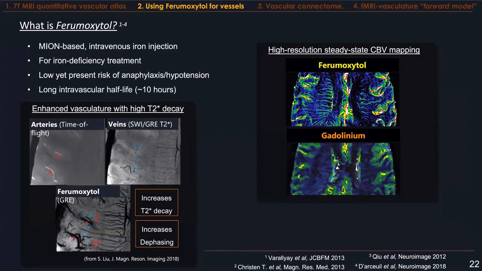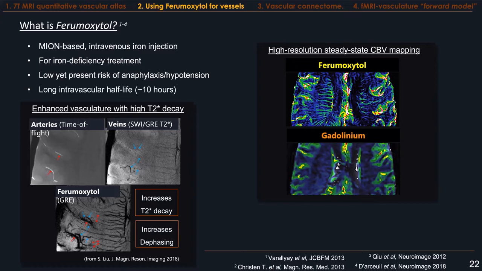Injecting ferumoxytol greatly increases the T2* decay, and that translates to an increase in dephasing. That means that vessels oriented perpendicular to B0 will be quite enlarged, and we can see more vessels. There will also be a lot of noise in the later TEs of a T2* acquisition.